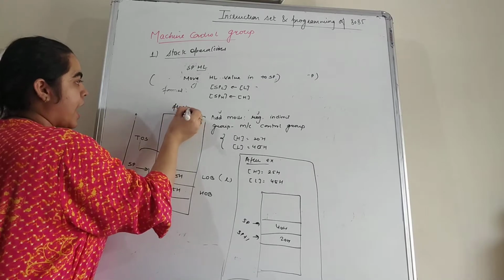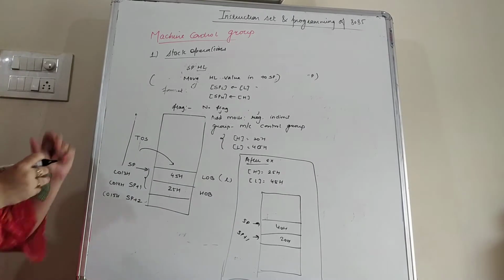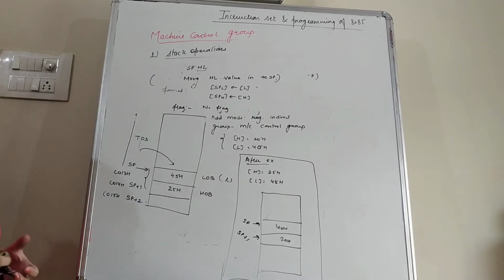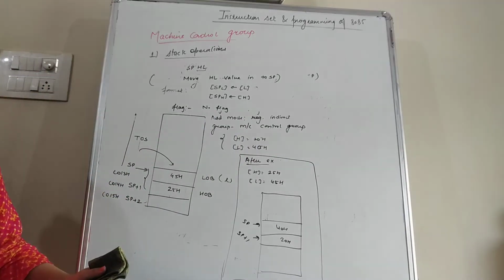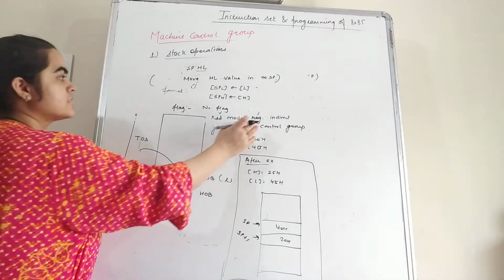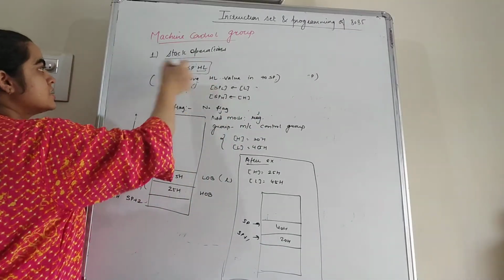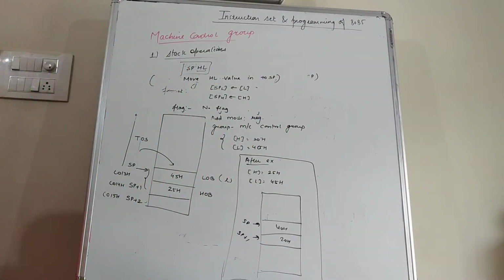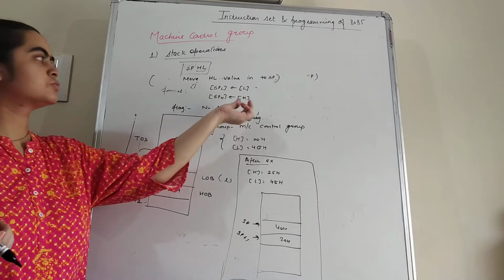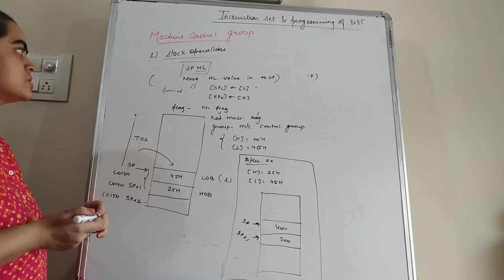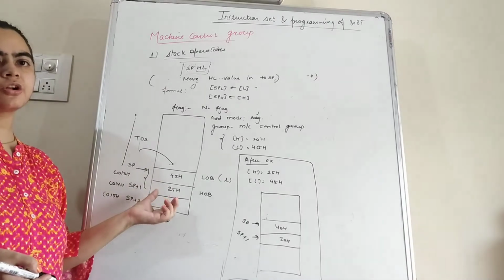Next one is the flag. No flag will be affected because we only move the values, and in move operations no flag is affected. The addressing mode is register addressing mode, because the register name is specified in the instruction and this instruction only moves values from one register to another. Here we are not copying the values into the memory location of the stack pointer.